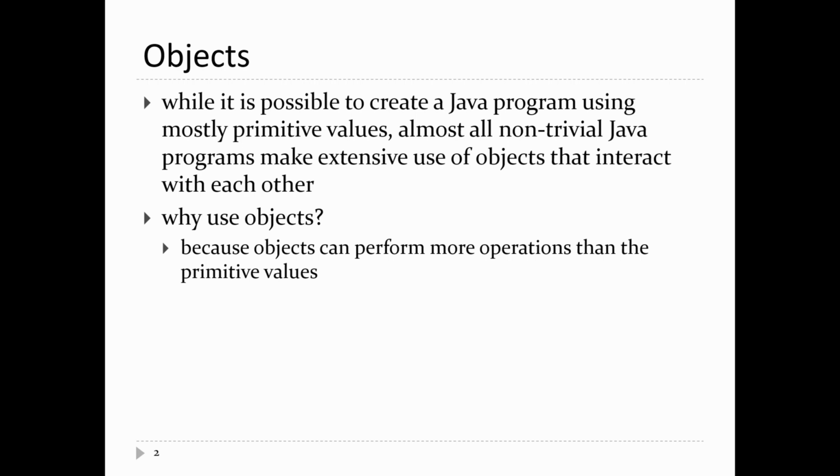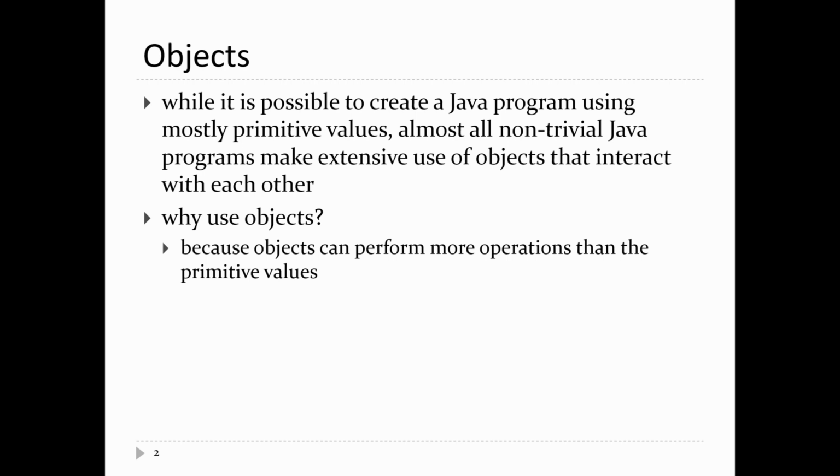And so the question is why do you want to use these things called objects instead of using just primitive values? The answer is that objects can perform more operations than the primitive values can. A string is capable of doing a lot of different things. It can give you its uppercase version, its lowercase version, you can get part of the string, et cetera. So the string class lets string objects perform many types of operations.